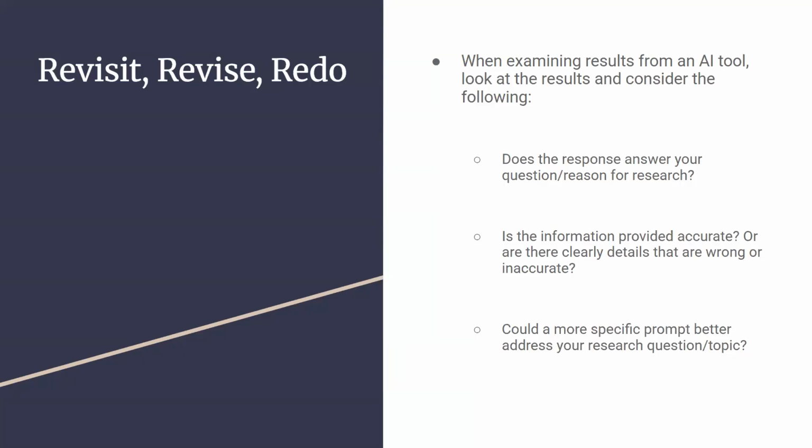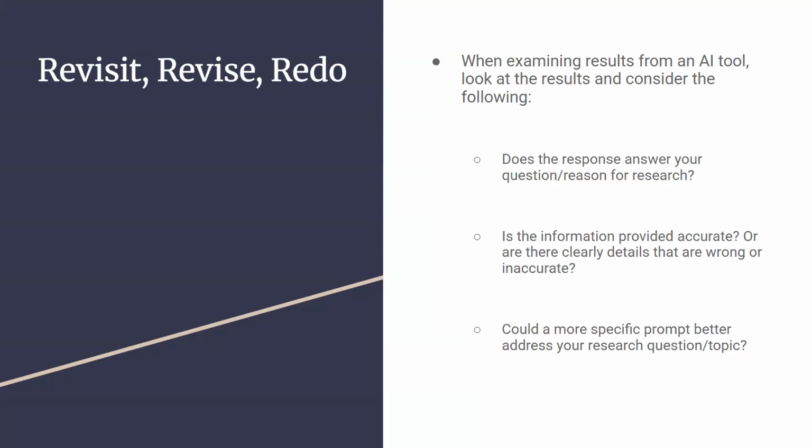So, if an AI tool tells you that the American Revolution began in 1780, well, then that's not right, and you have to go back and reevaluate the prompt to see how you can make it more specific to help guide the AI tool to something that's more relevant. And also asking yourself, could a more specific prompt better address your research question or topic?